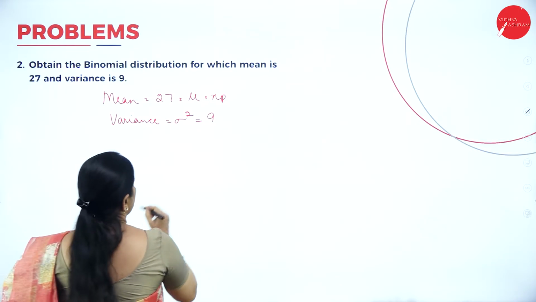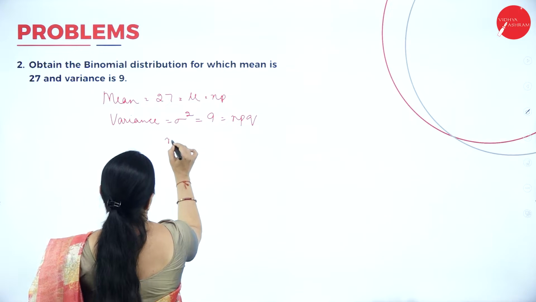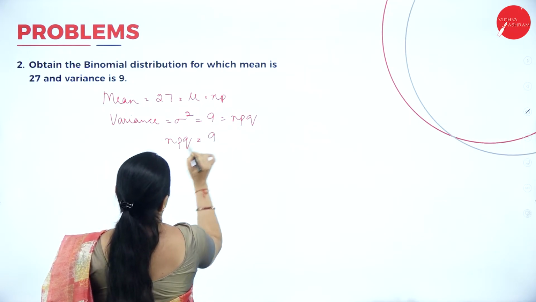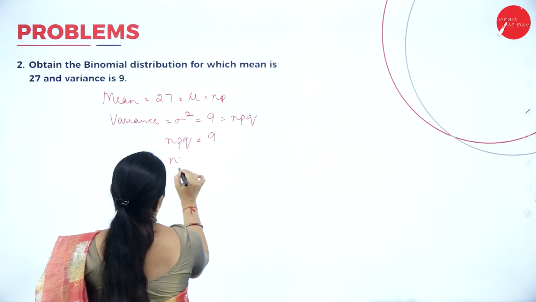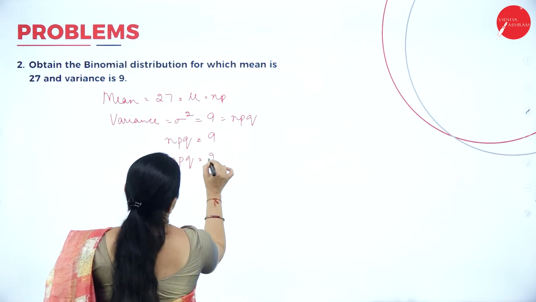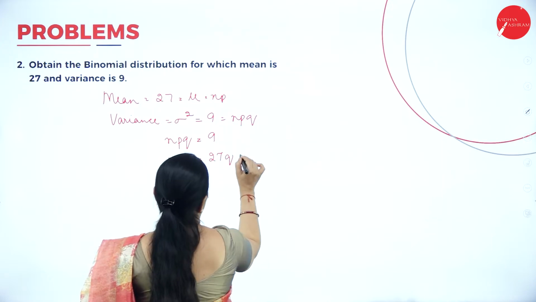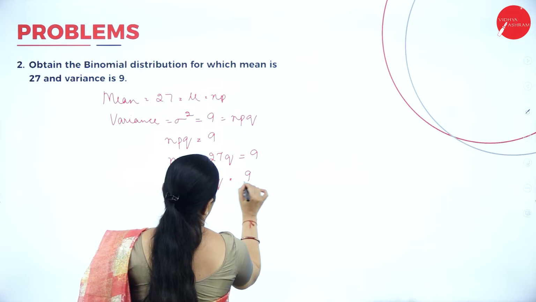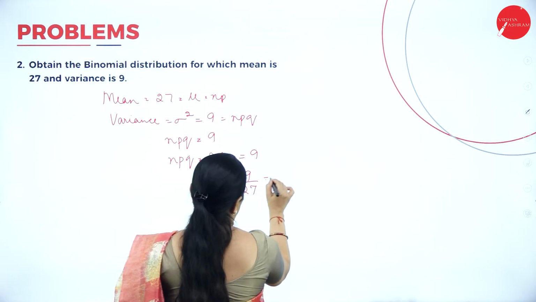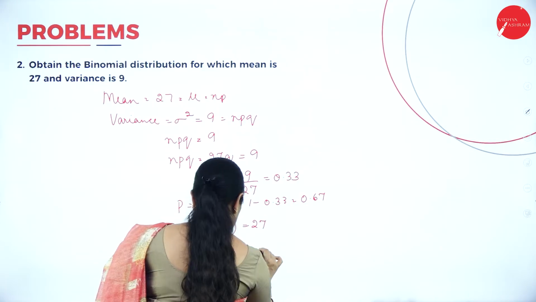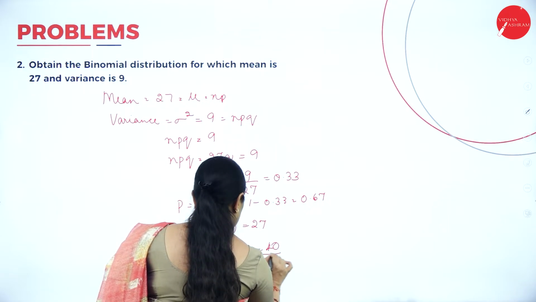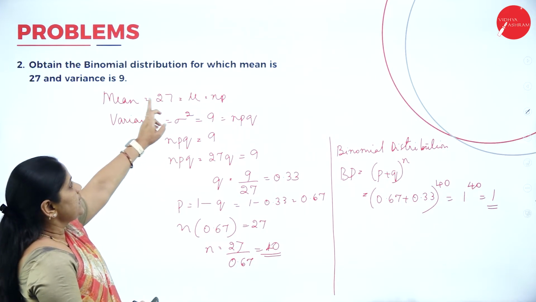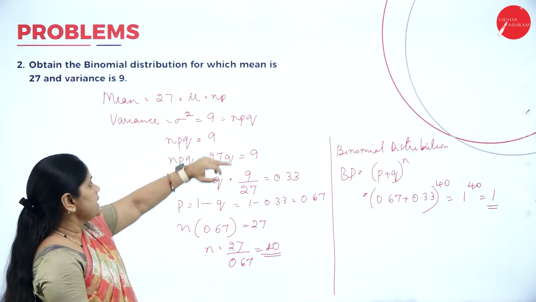So we have here mean equals 27, that is np.